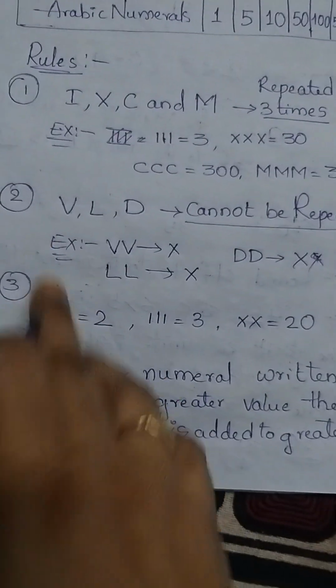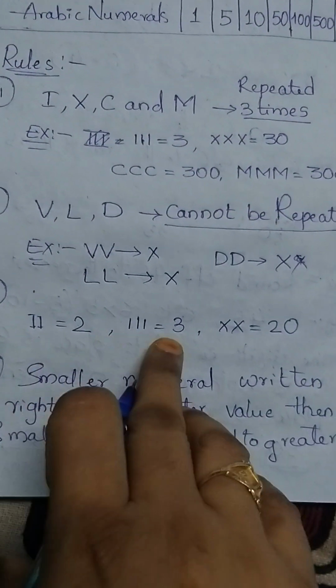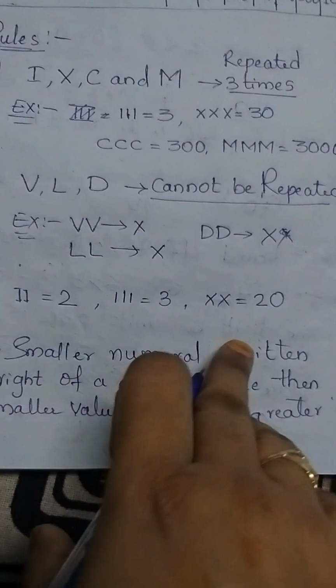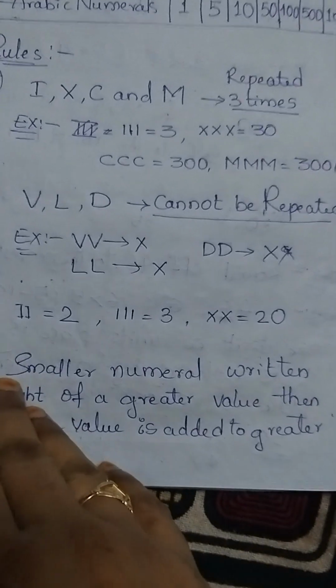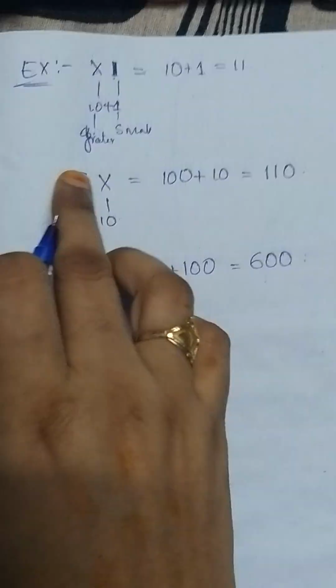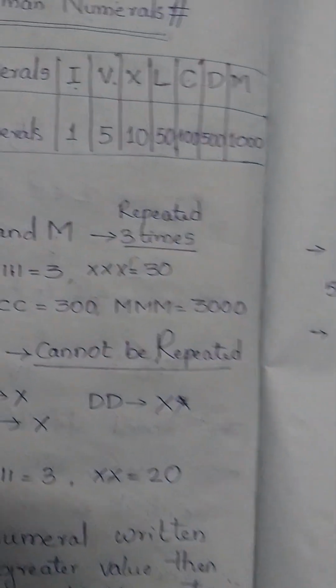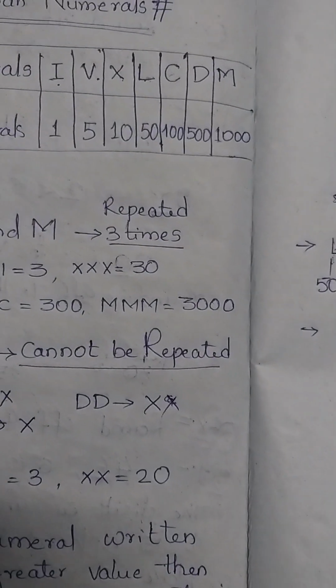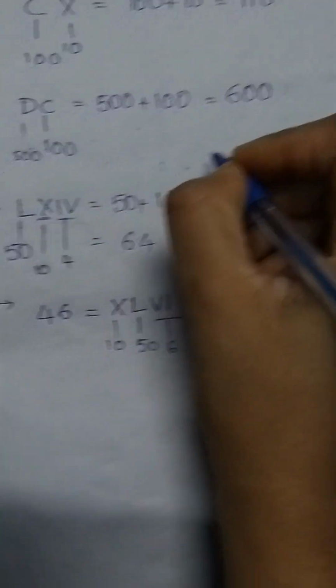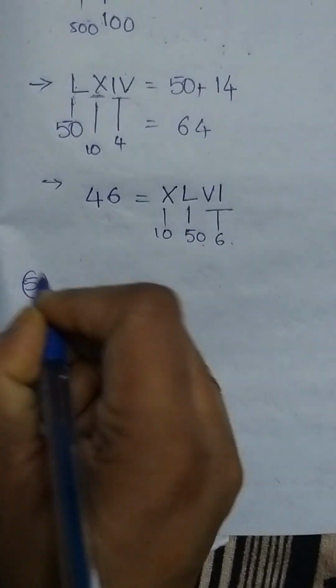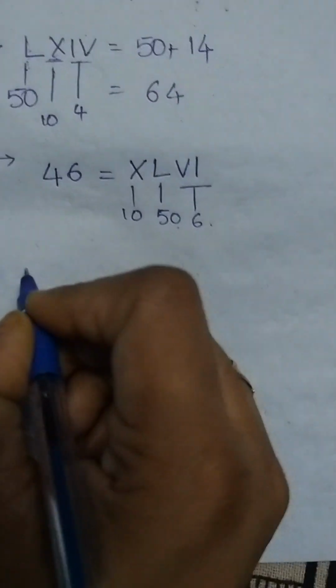If you repeat, you can write it with the basic symbols, and a smaller number written to the right of the greater value is added. For example, like this. You have so many problems in your textbook. Practice those problems, children.